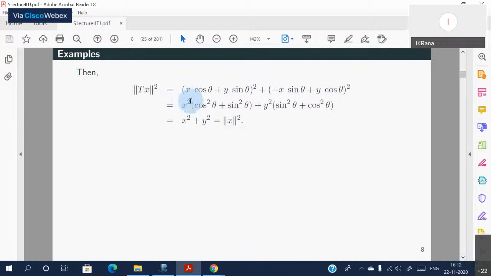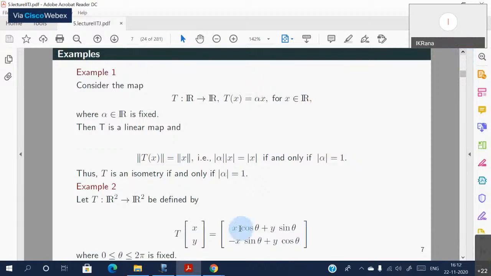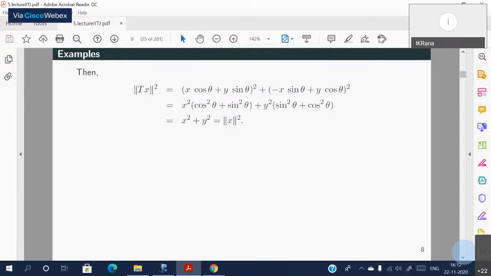The norm of Tx squared we can compute: now this square plus this square, and that comes out to be x squared plus y squared. So T is an isometry.